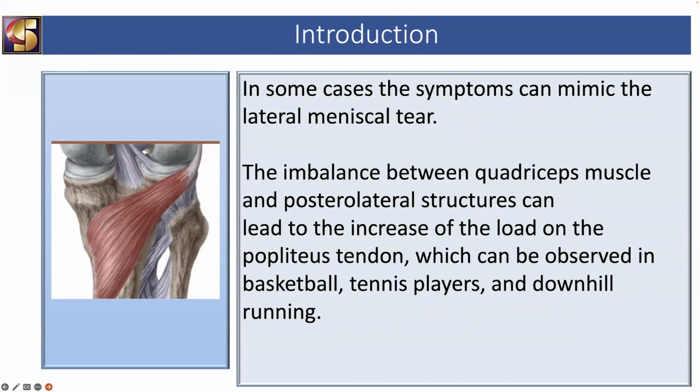In some cases, the symptoms can mimic a lateral meniscal tear. The imbalance between the quadriceps muscle and posterolateral structures can lead to increased load on the popliteus tendon, which is commonly observed in basketball and tennis players, and also in those doing downhill running.